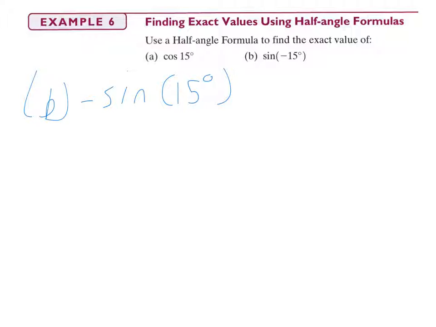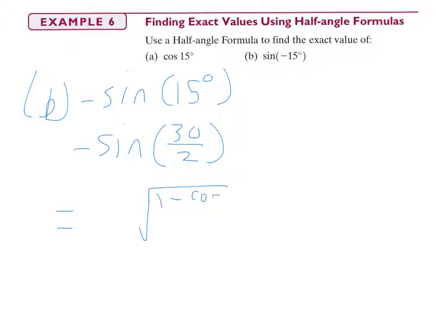And 15 degrees, we already said, could be written as 30 over 2. Now, 15 degrees is in the first quadrant, so we technically take the positive square root, but we have a negative sign in front. So if we take the positive square root, it would be 1 minus cosine of our alpha, which is 30 degrees, all over 2.